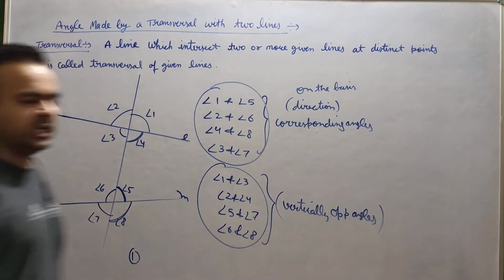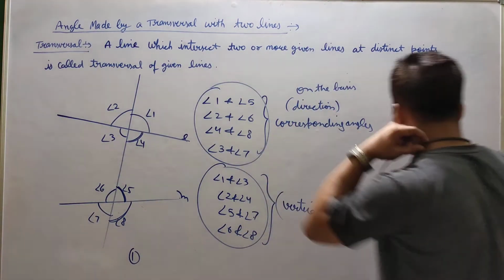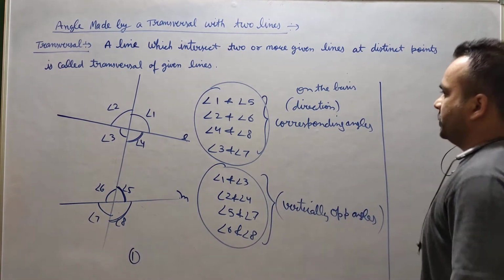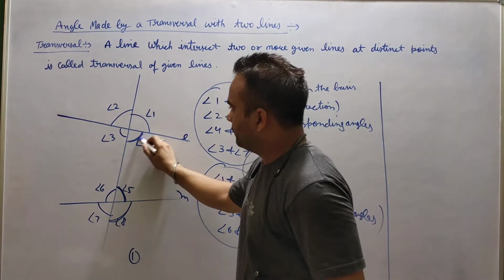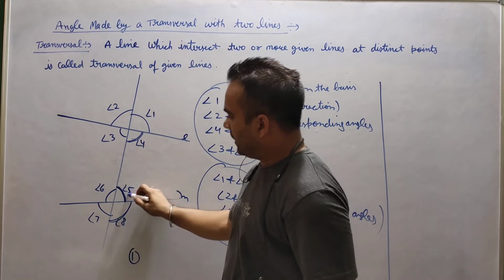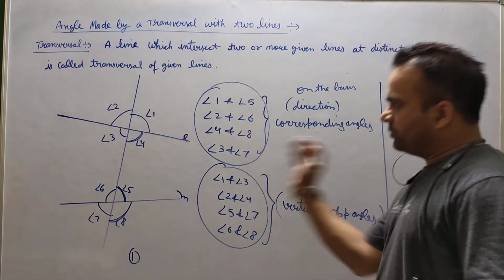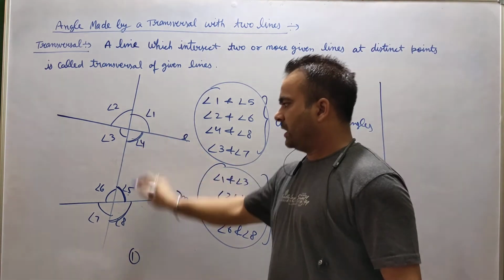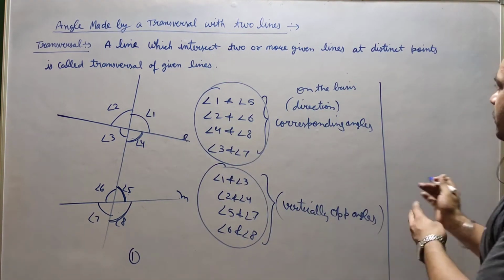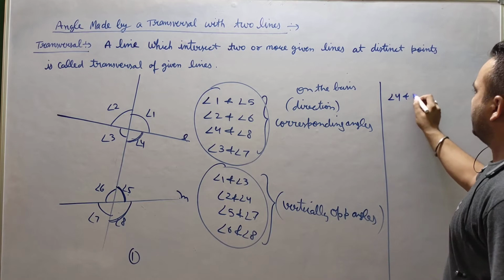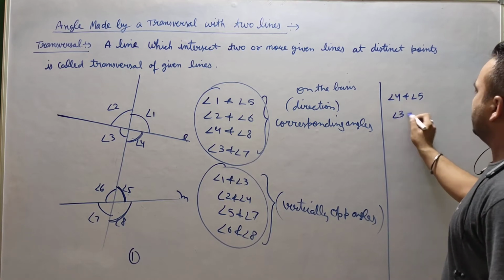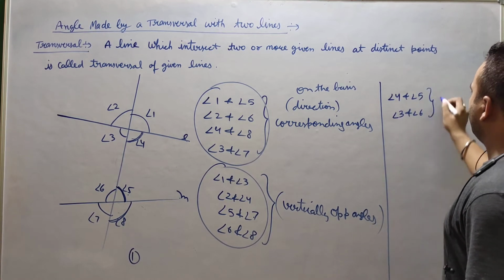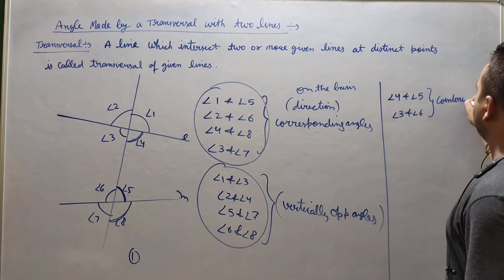Now I am coming to the next one. If you see this one, angle 4 is interior, angle 5 is in the interior and on the same side. So we will say that angle 4 and angle 5, angle 3 and angle 6, we call them co-interior angles.